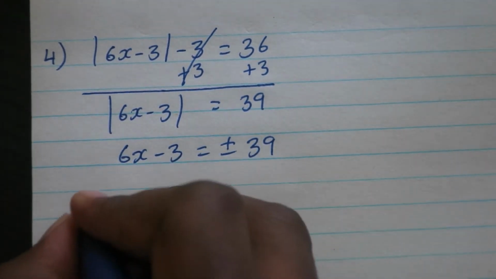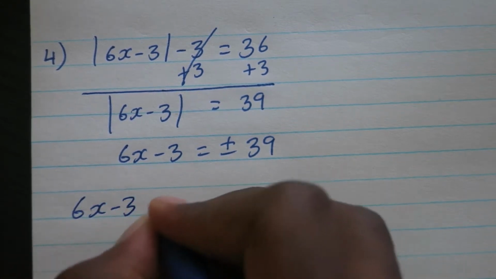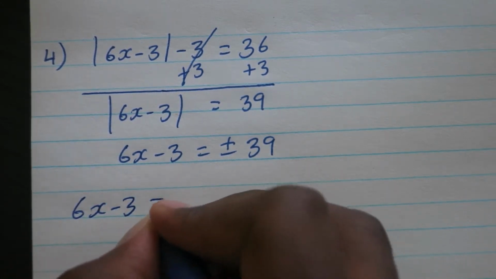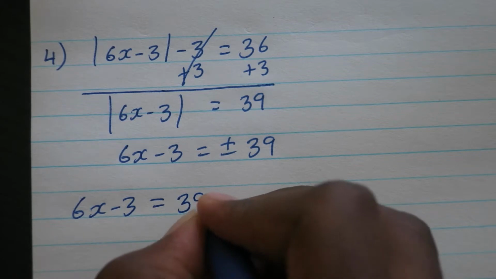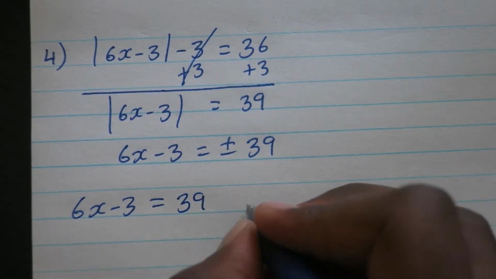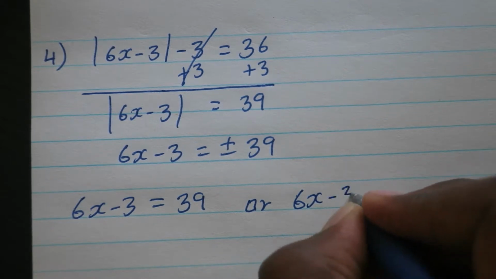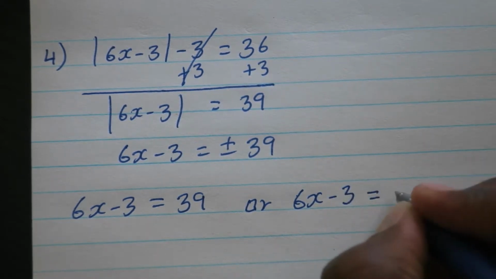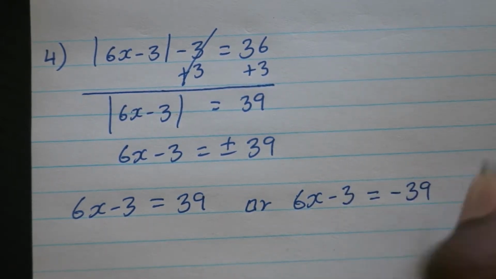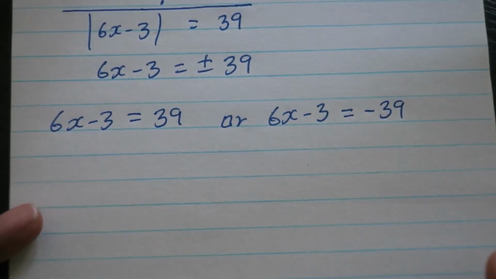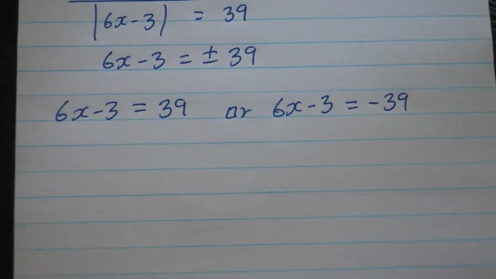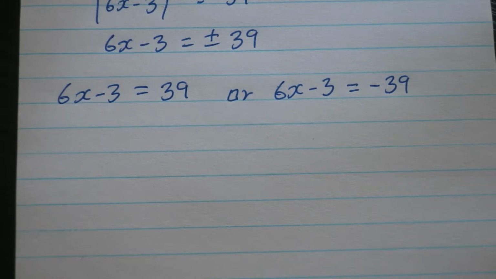Now, this means that you can make two equations out of this. 6x minus 3 equals the positive 39, or the other equation is 6x minus 3 equals the negative 39, because it's equivalent to this. The rest is algebra.